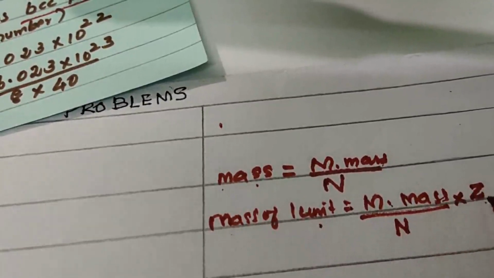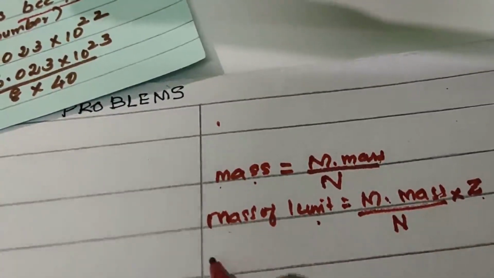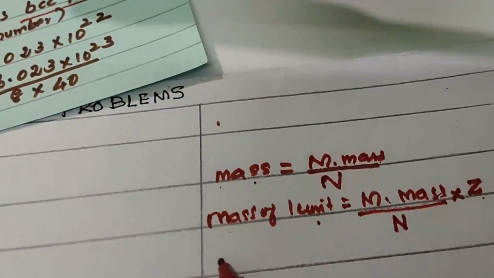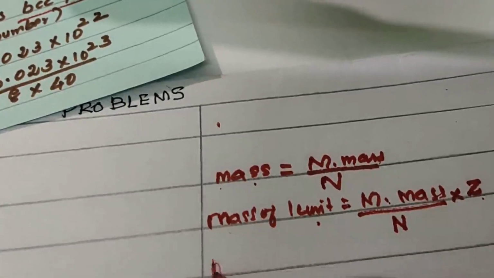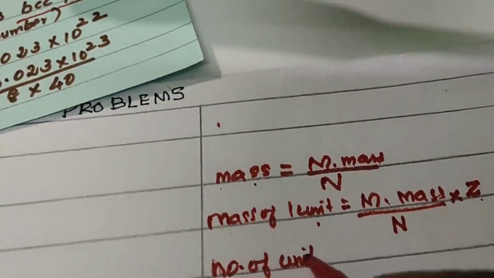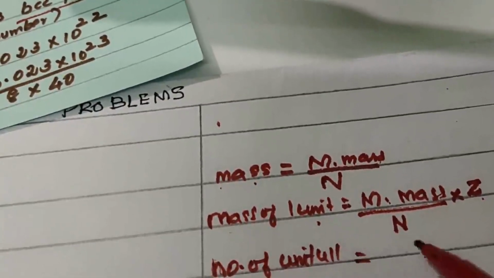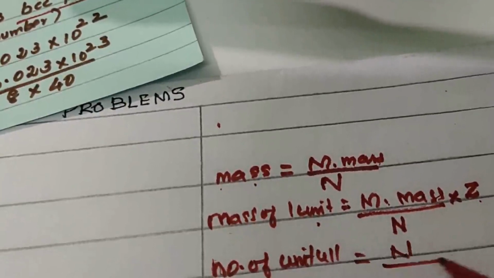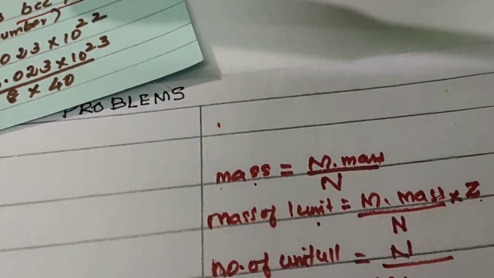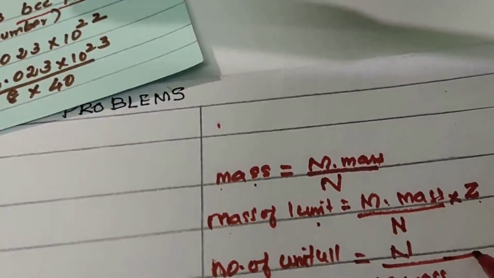Here the number of unit cells is equal to the reciprocal, N by molecular mass into 2.